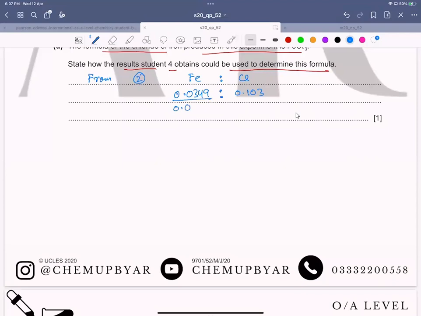So 0.103 over 0.0349. So 1 is to, what value are you getting over here? 2.95. So it is getting closer to 3, we can round it off to 3, okay?